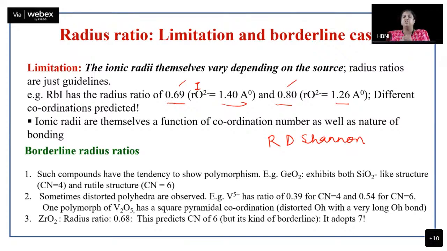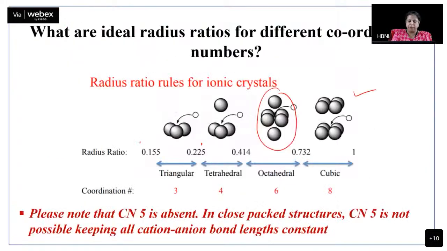Even with these anomalies, this particular rule, the radius ratio rule, is quite helpful when we are doing blind guessing and all that. Now, borderline radius ratio. Because we defined these radius ratios, you might think that as soon as I become 0.226, my ion decides, no, now I will not have 3, I will have 4.